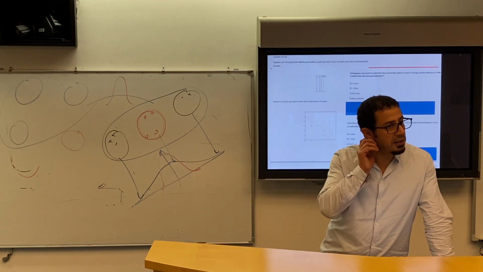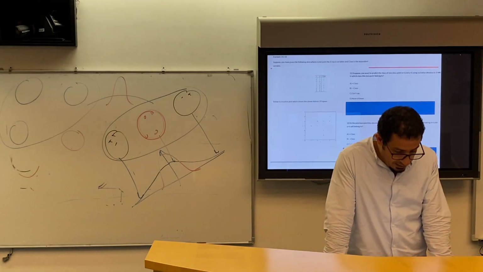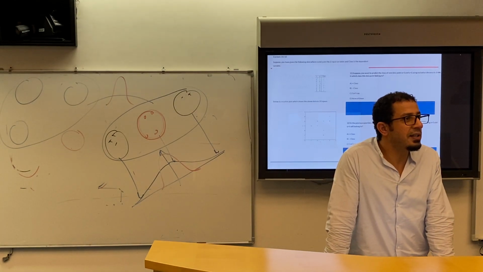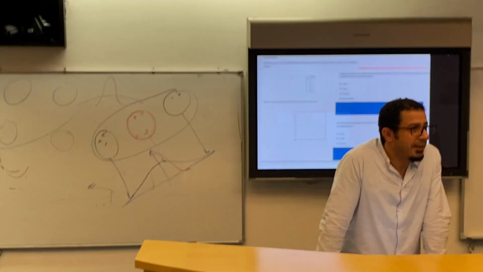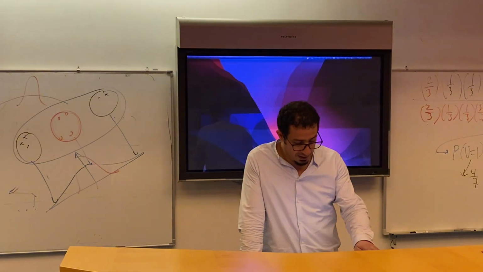Okay, let's do this one here. I don't know if you can see. Suppose you have a given data set. You can see the values are very small, right?